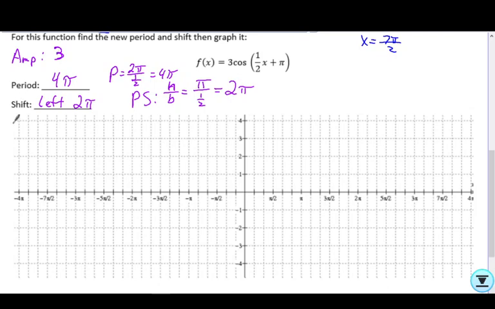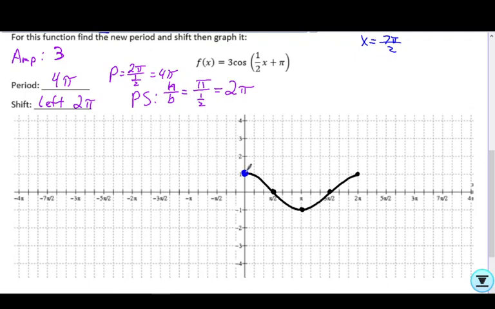Just like we've been doing all of our other problems, we start with the cosine parent function. So here's cosine, there's the parent function. The first thing I'm going to do is my change in period. So I'm going to horizontally stretch.